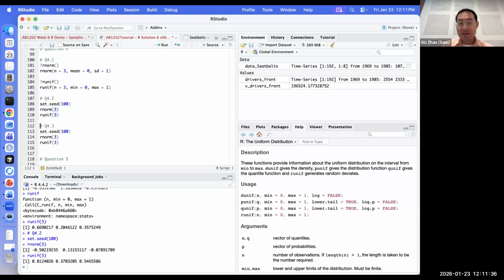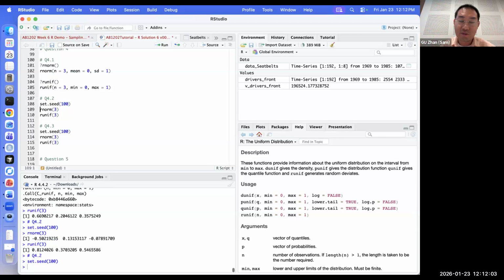Then if you have any other line of code which involves randomness, it will start to consume the following random numbers from the long list of random numbers previously generated based on the seed number 100.